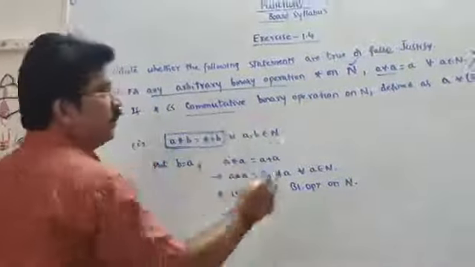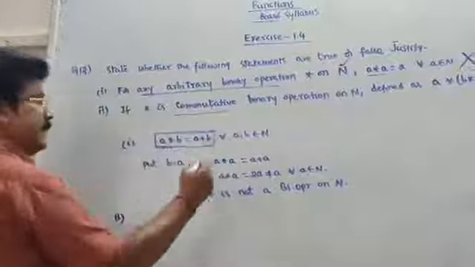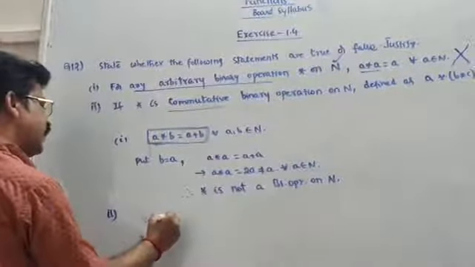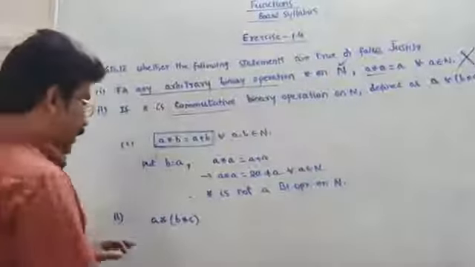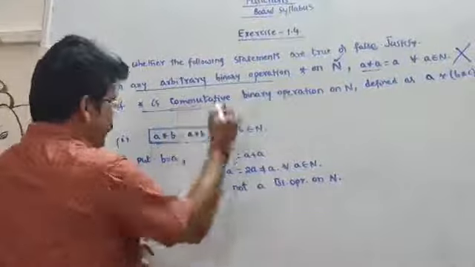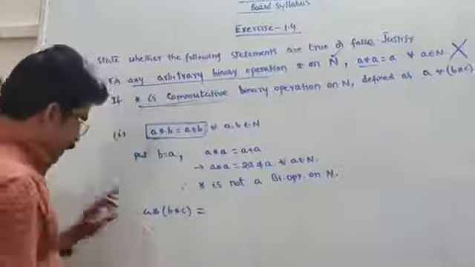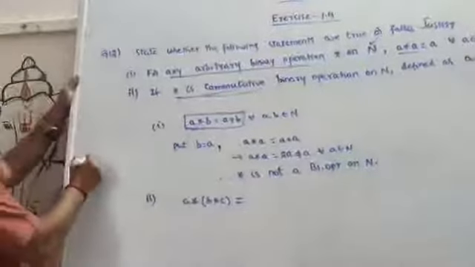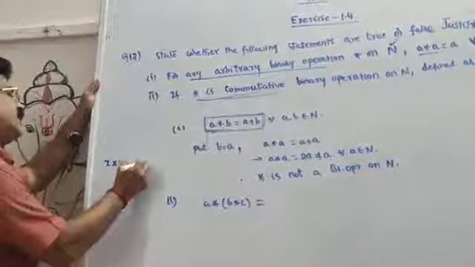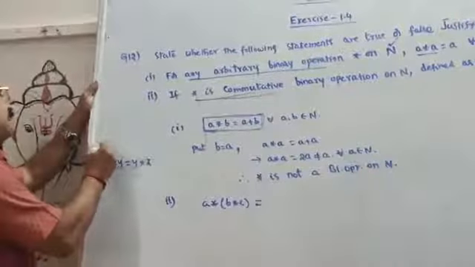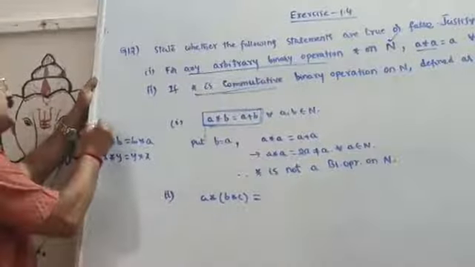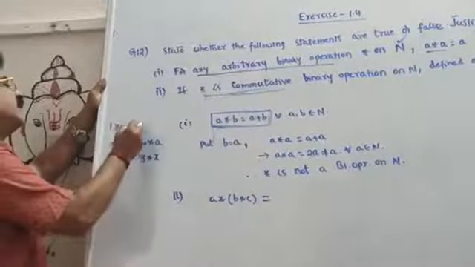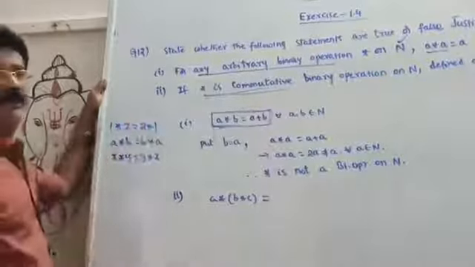Number two. Star is commutative. Okay. LHS. What is LHS? A star, B star C. It is LHS. Star is commutative means commutative law: X star Y is equal to Y star X, or A star B is equal to B star A. First element star second element equals second element star first element.